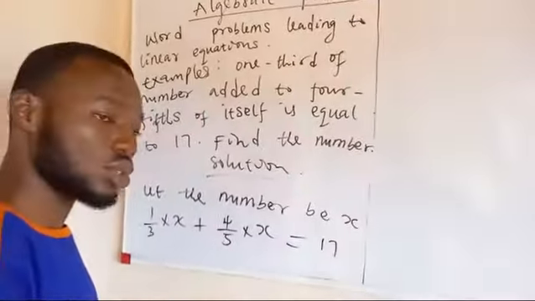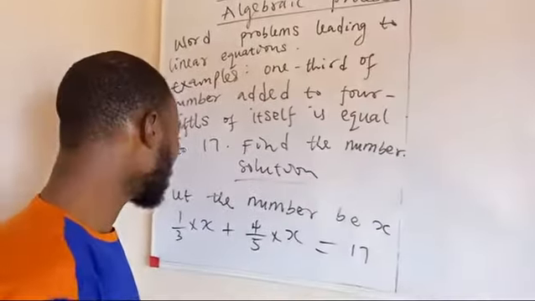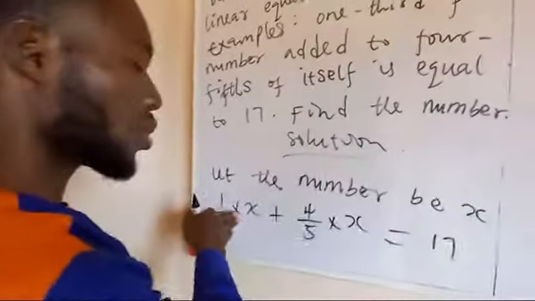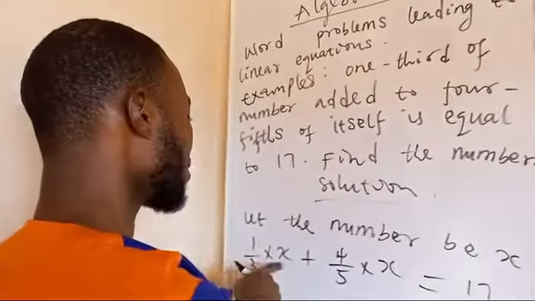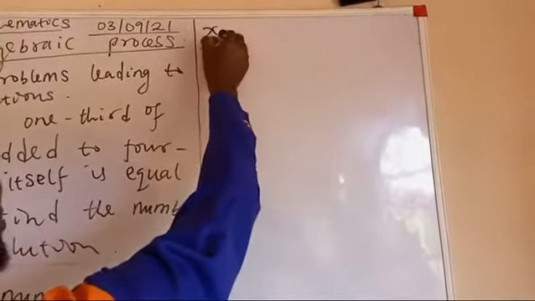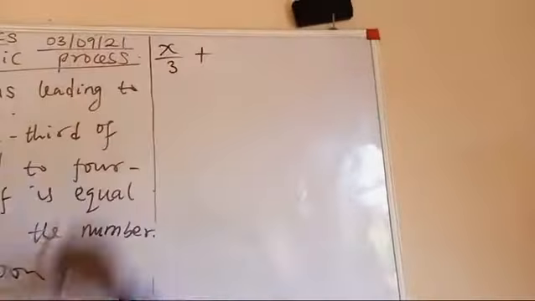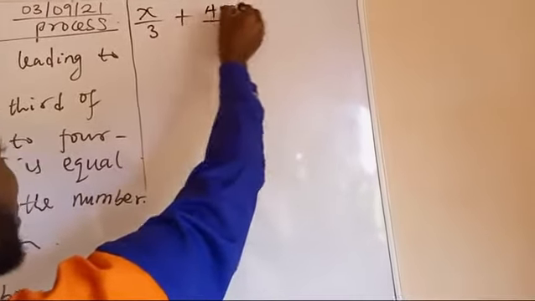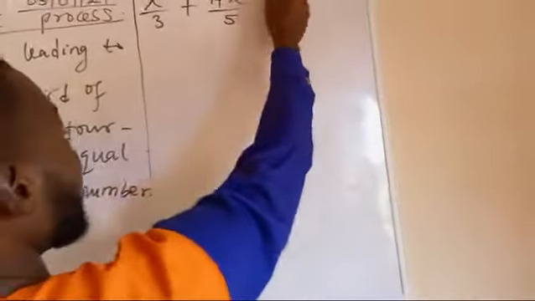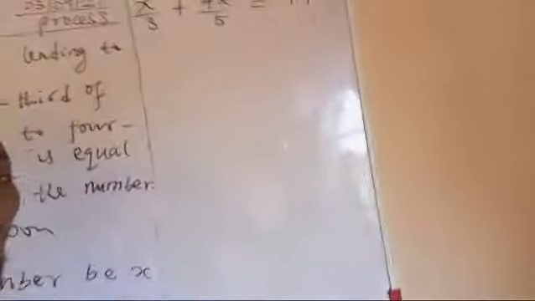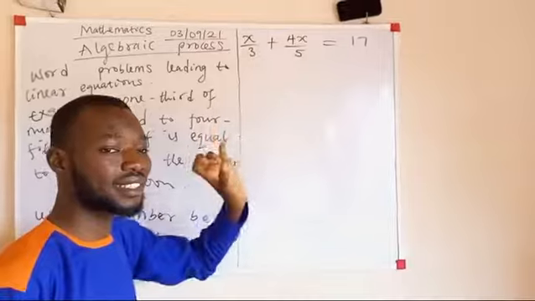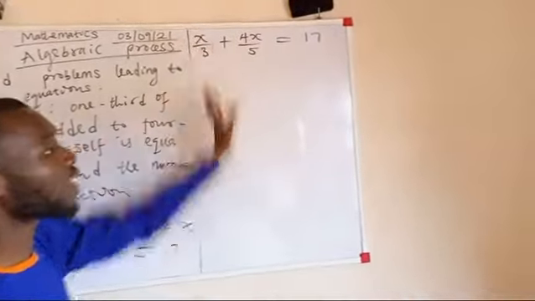We can now solve. So what are we going to do? First of all, we have to simplify it. 1 times x will give us x. We have x divided by 3 plus 4 times x, which gives 4x divided by 5, equals 17. If you take a look at this, this is a question involving fractions.